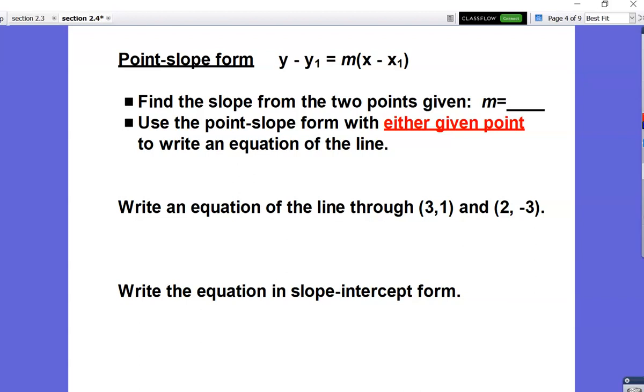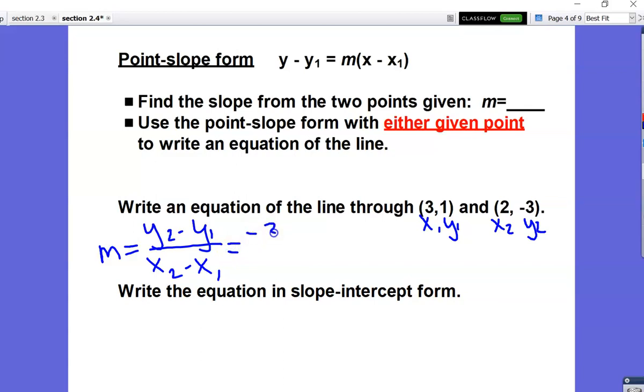So the slope, we're going to use that same formula that we learned before. It doesn't matter which one we call x1, y1, and x2, y2, but I always like to go with x1 as the one that came first.